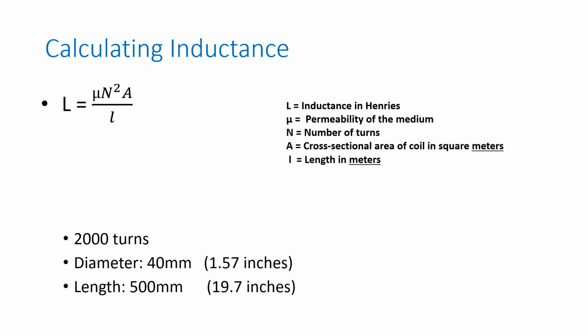So we know that if any of the numbers on the top get bigger, we get more inductance. If the number on the bottom gets bigger, we have less inductance. What we also know is if you've got a coil of 2,000 turns that's only 19 inches long, you are using extremely thin wire. Well, the thinner the wire is, the more inductance it has.